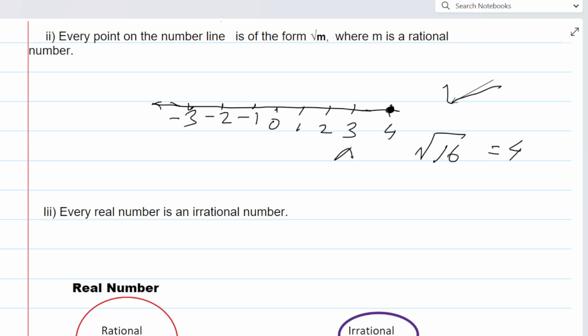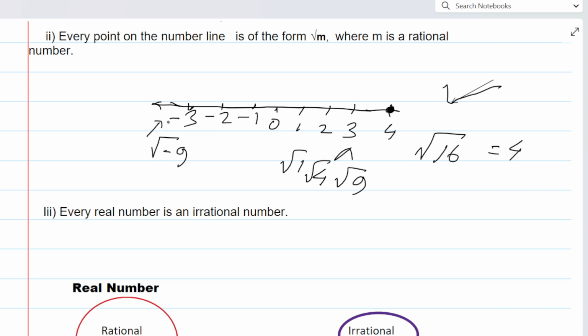Similarly, this 3 also I can write as root 9, 2 as root 4, 1 as root 1. So 0 is 0. So all these points on this number line I can write in the form of a root: root 16, I'm getting 4, root 9 I'm getting 3, root 4 I'm getting 2, root 1 I'm getting 1. So yes, on the positive side it is true. But what about the negative side? Can I write -3 in any root form? Like for example, if I take root of -9, is it true?